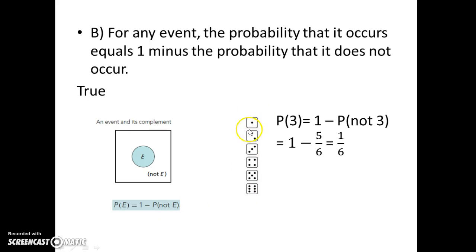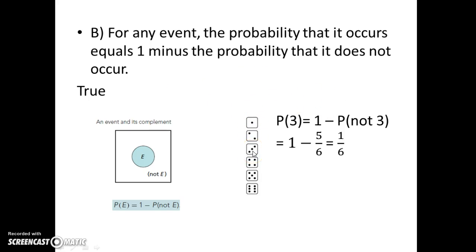Another example, you have a die, and these are all the possible outcomes for a die. If you want to find the probability of rolling 3 from the die, normally there are 6 outcomes and 3 is only one of them, so the probability should be 1 out of 6. But how do we do that by using this statement?